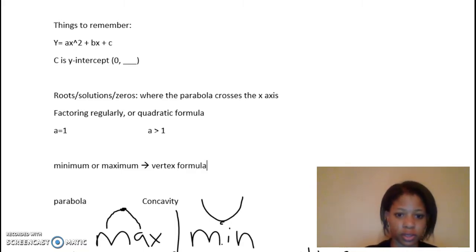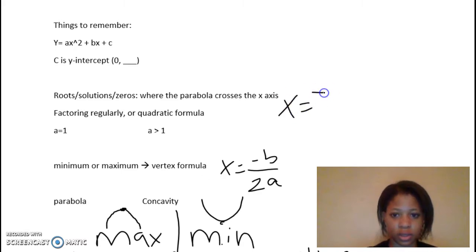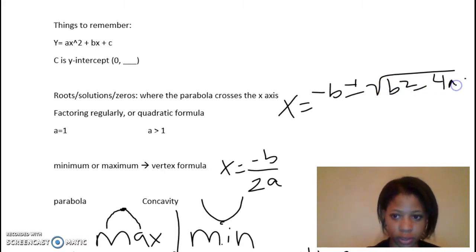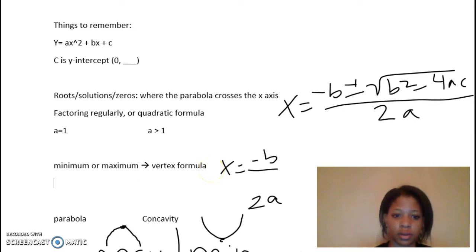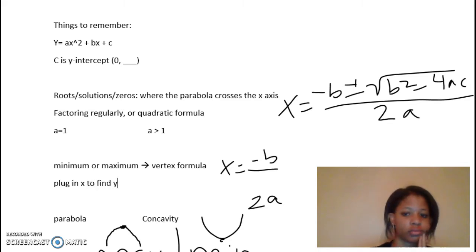So for vertex, you just have x equals negative b over 2a, and your quadratic formula is x equals negative b plus or minus square root of b squared minus 4ac all over 2a. Okay? For your vertex formula, you need to find x and then plug in x to find y. Okay?